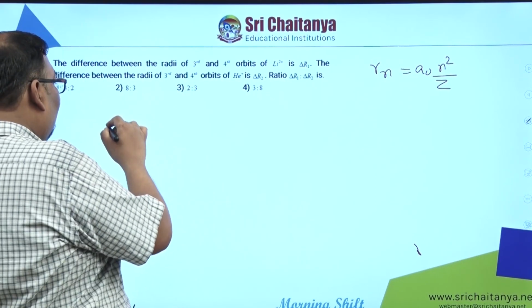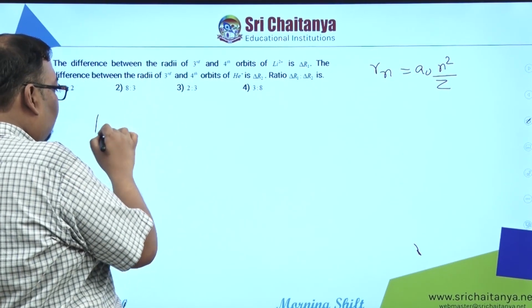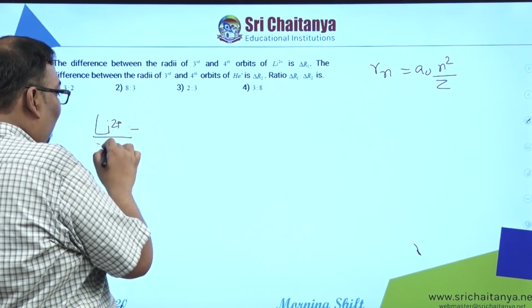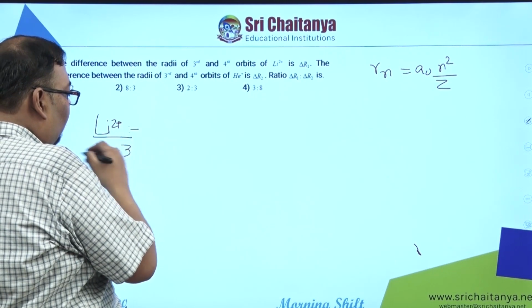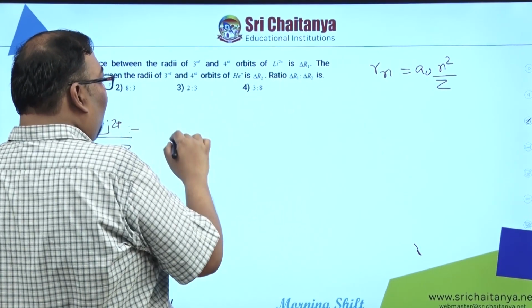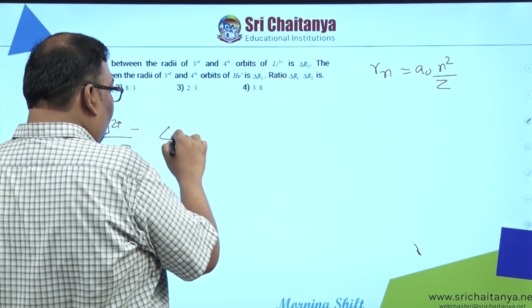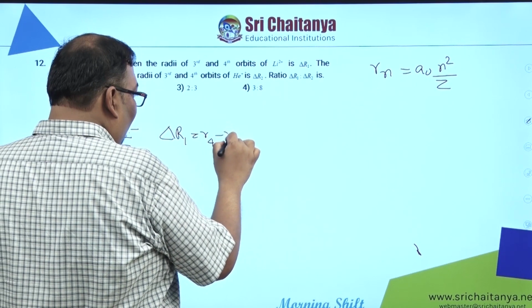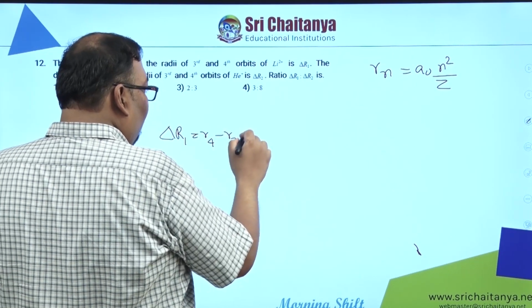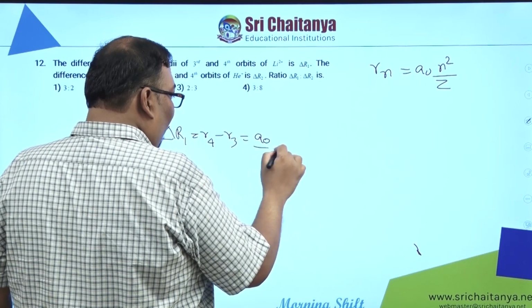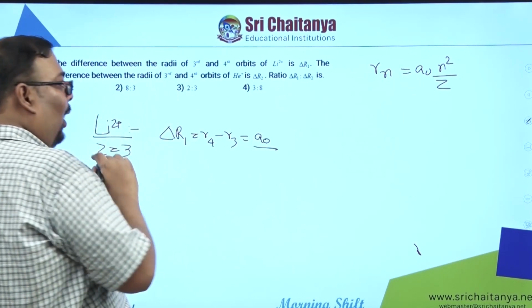So let us first write for Li2+. For Li2+, the value of Z will be equal to 3. And delta R1 is basically R4 minus R3. So that will be equal to a naught by Z, where the Z value for Li2+ will be 3.